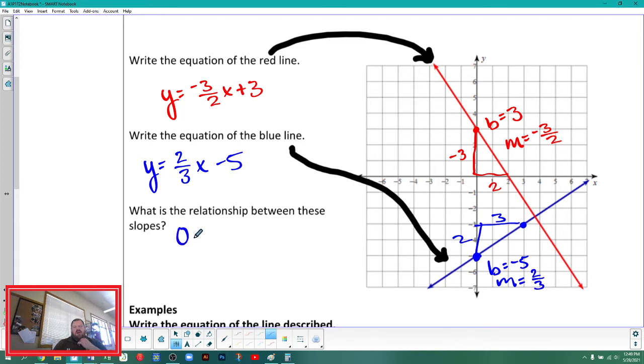So we call that the opposite sign. And there's something else because 3/2 became 2/3. I used these two slopes purposely to make it really visual as to what's going on. What it is, we flip our fraction. We call that the reciprocal.